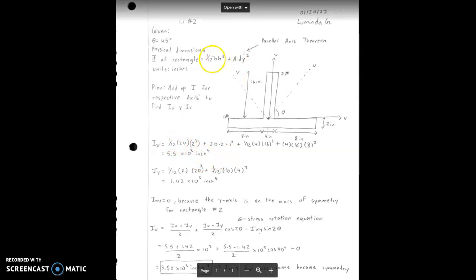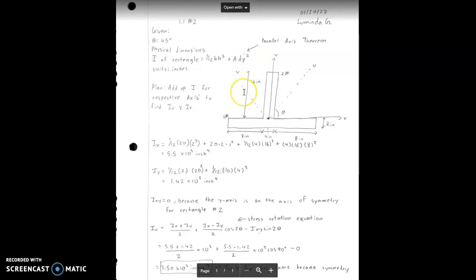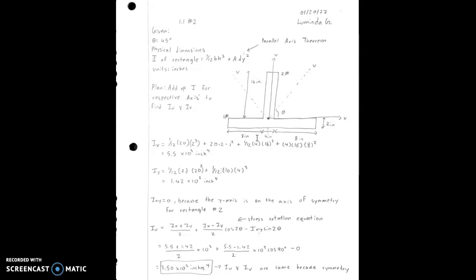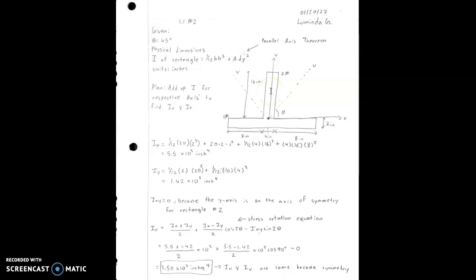So we use the formula for the moment of inertia of a rectangle first, then we use the parallel axis theorem. The dy squared here is actually the distance between the centroid of the rectangle and the axis.